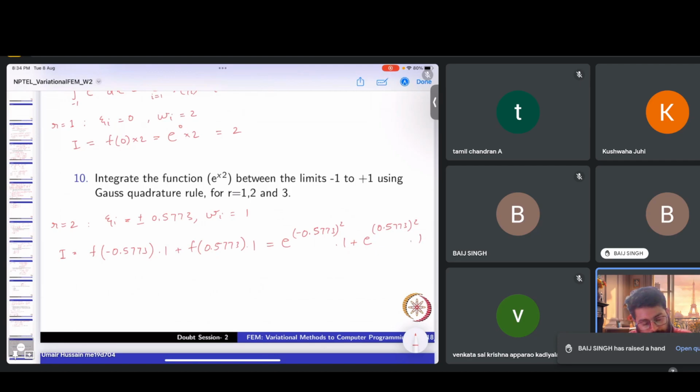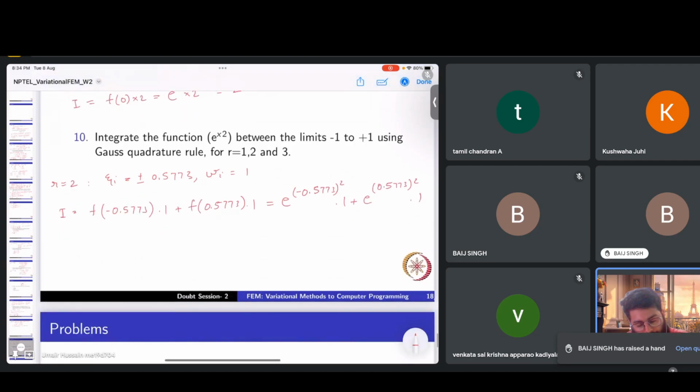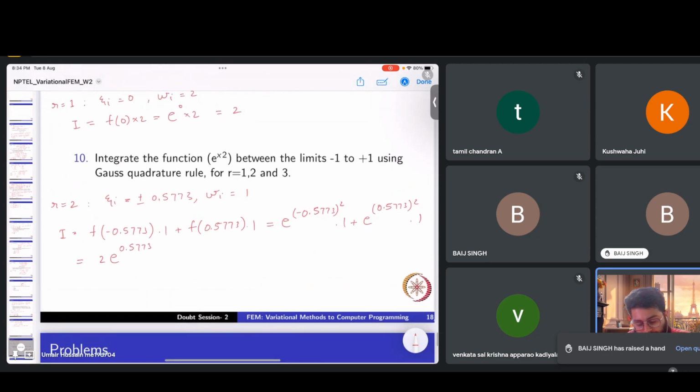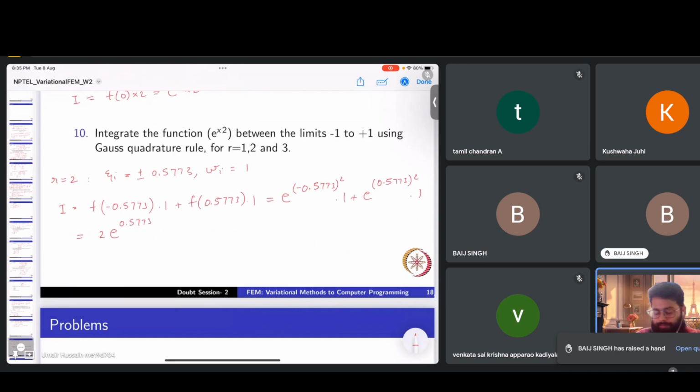So again these two terms would be equal. So minus sign would be squared. We'll have 2 times e to the power 0.5773. This is actually much different than the previous answer we got with r equals to 1. That was 2 into e to the power 0. This is 2 into e to the power 0.5773. I'll just calculate this in the calculator.